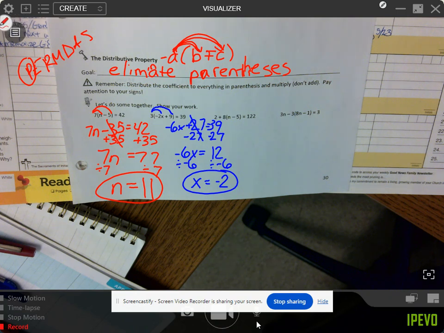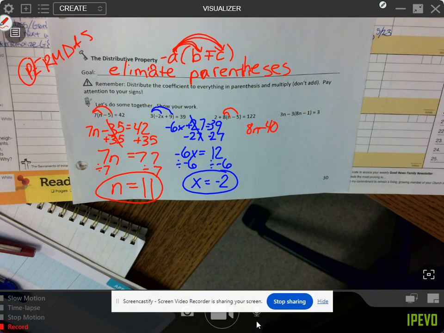Oh, please. Shh, James. So you do 8 times 1n gives you 8n, then you multiply 8 times negative 5, which gets you negative 40.